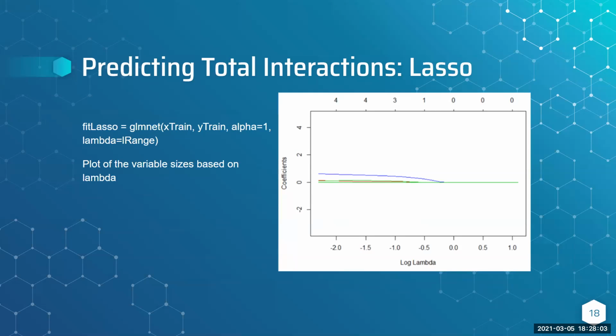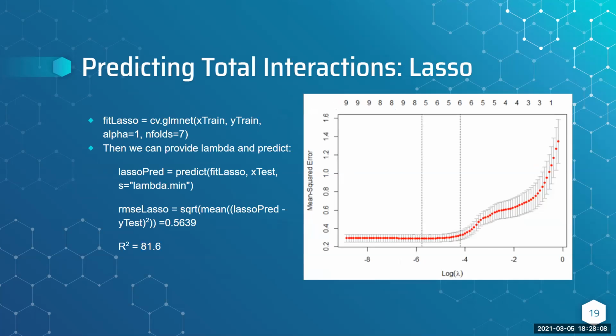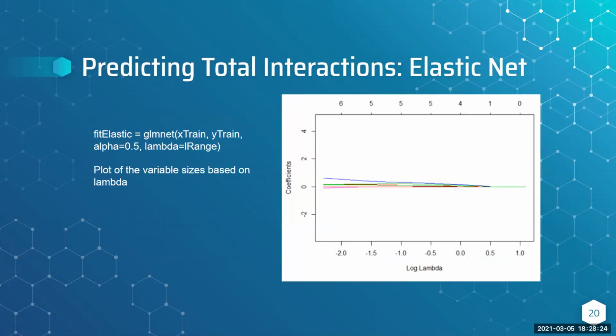Next, I did the lasso regression, and again, this is just a preliminary slide showing the lambdas. And then I did the cross-validated version again, and the prediction calculated the RMSE of 0.5639 and an R squared of 81.6.